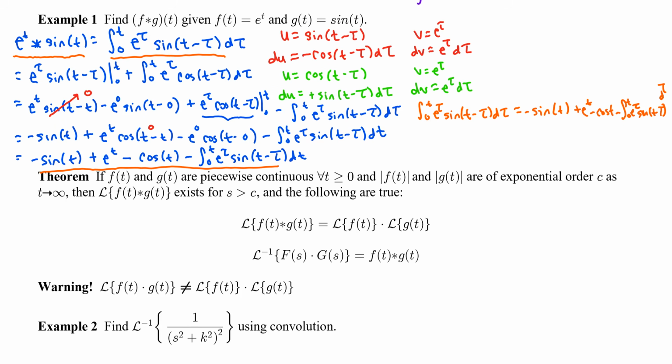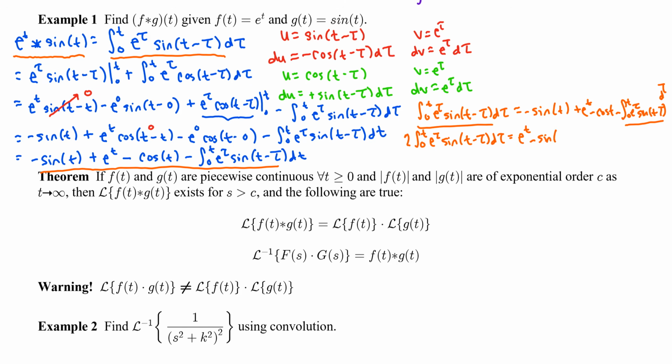Okay, so this term and this term are like terms. So I'm going to add that integral to both sides and combine like terms. So we have 2 times the integral from 0 to t, e to the tau, sine of t minus tau d tau, equals all these leftovers over here. Now, I prefer to lead with a positive, so I'm going to put the e to the t in front.